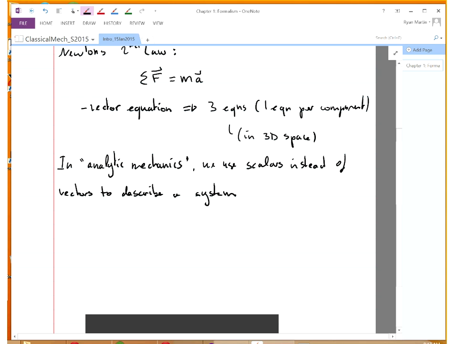And we'll see that this new approach of using only scalars is equivalent to Newton's second law.